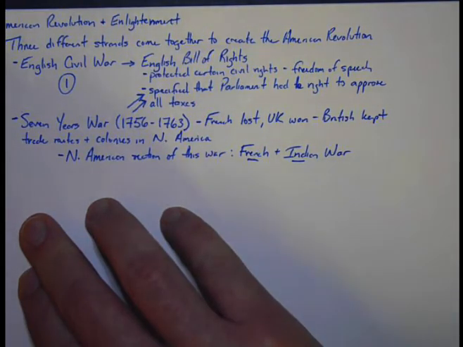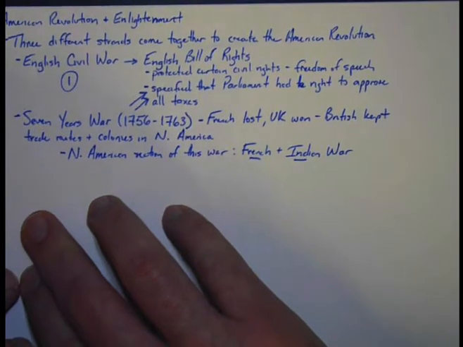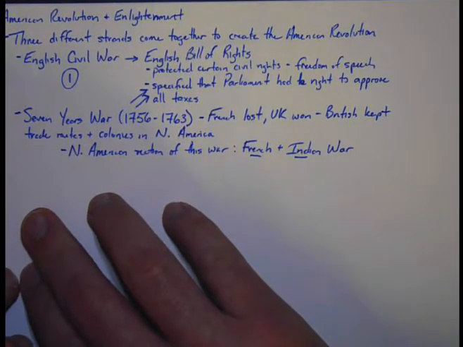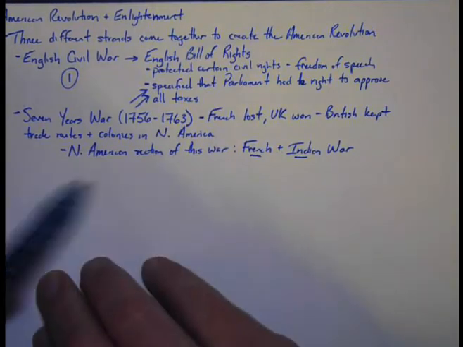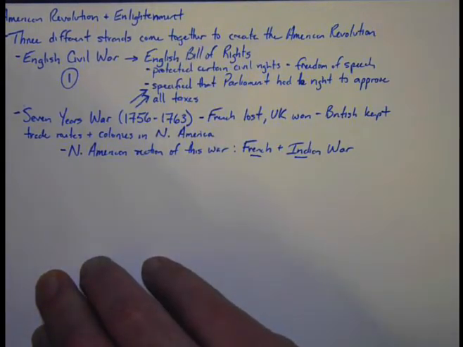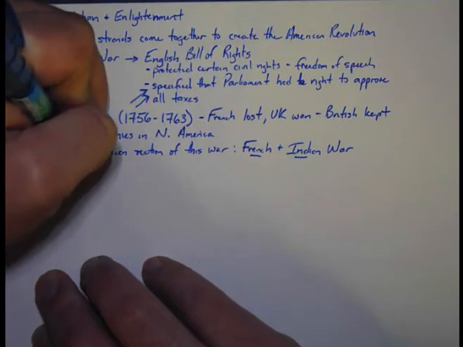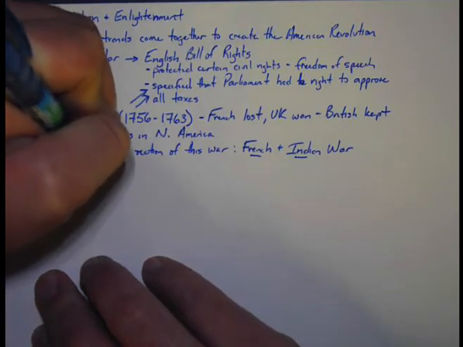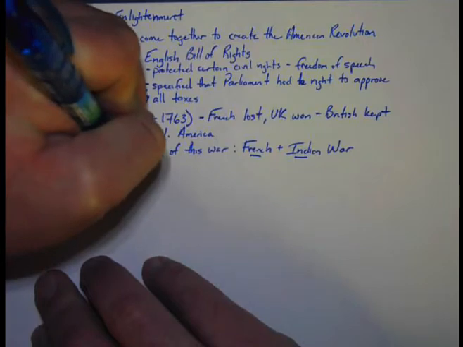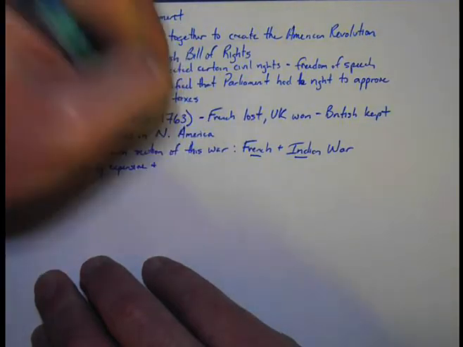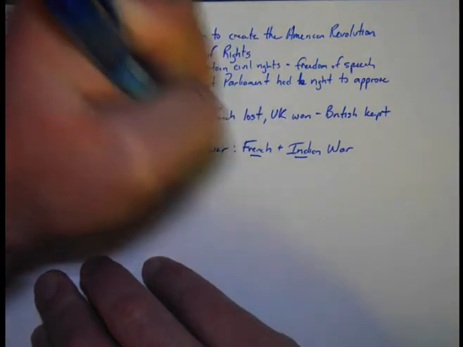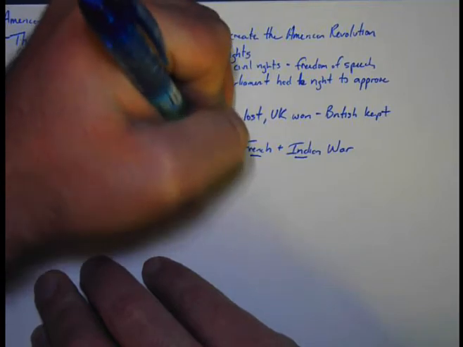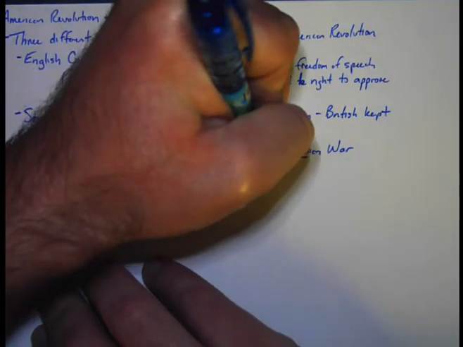It's a misnomer, and it's probably not super politically correct to call it that, but that's the name of the war. So the North American theater of the 7 Years' War was called the French and Indian War. And it was really expensive. And it cost the British a lot of money.